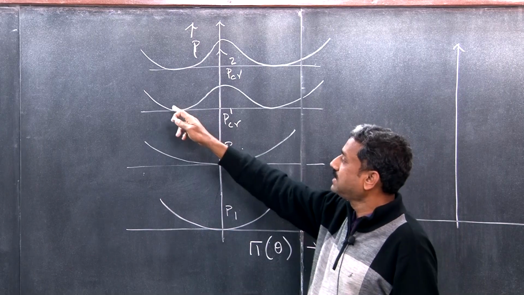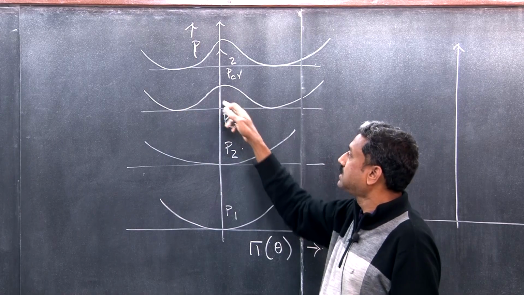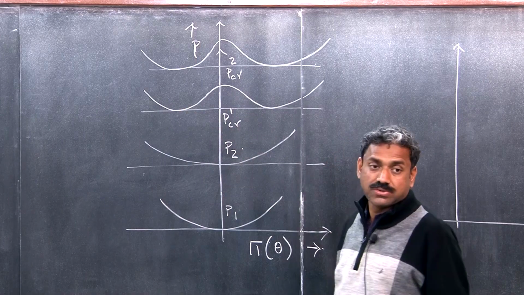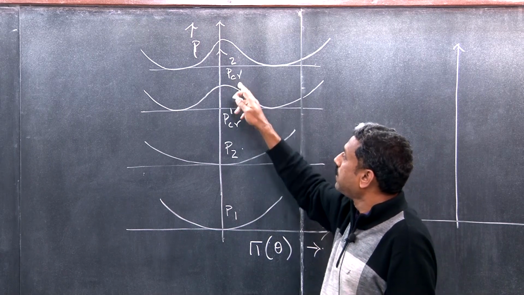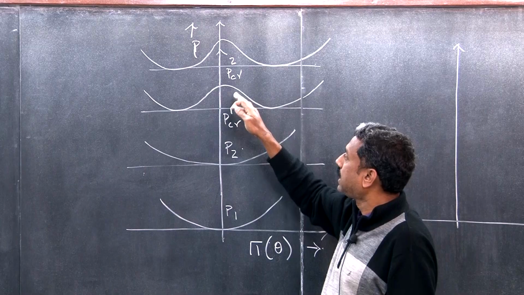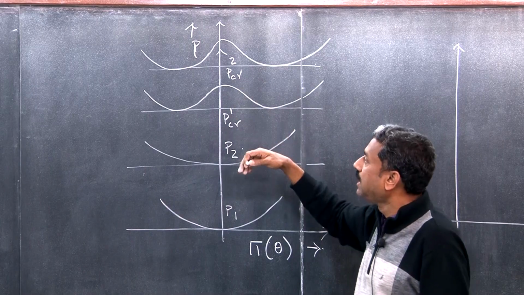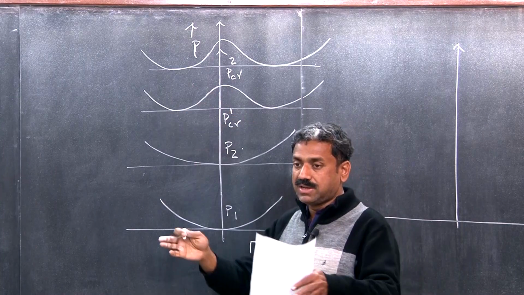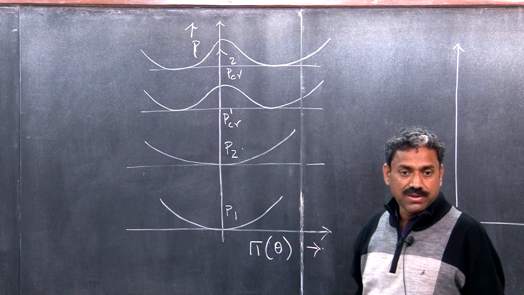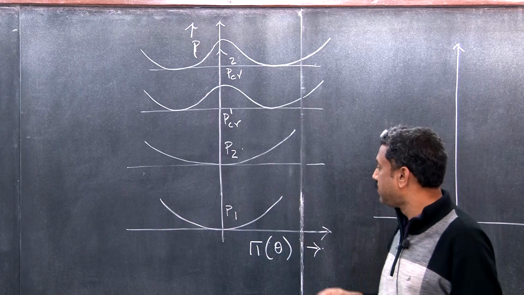But here it is convex, here it is unstable. So at theta equal to 0, it is no more stable. With increasing value, P critical 2 meaning a slightly higher value, the potential well will be a little expanded. Clear? So this is for the first kind of system.